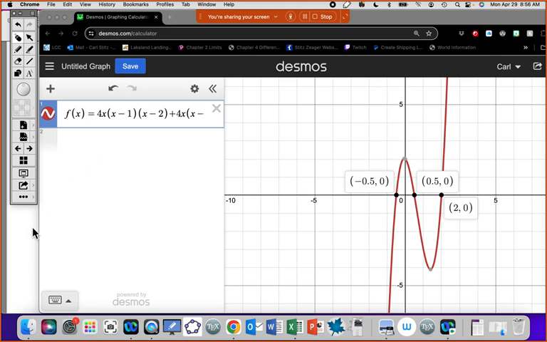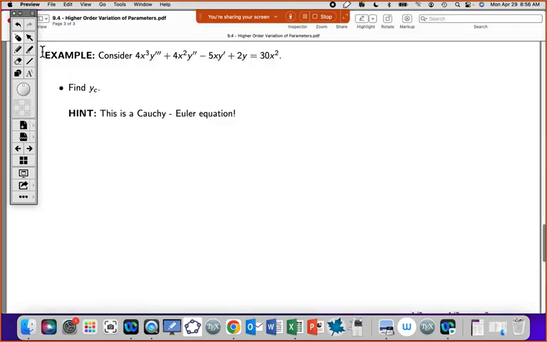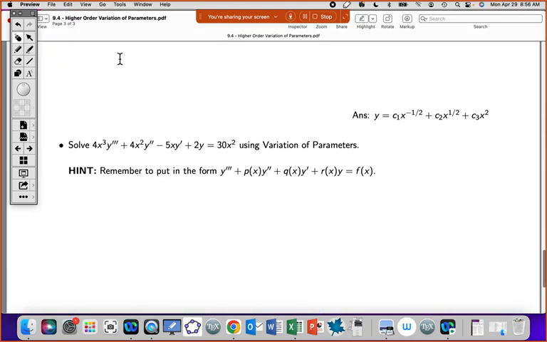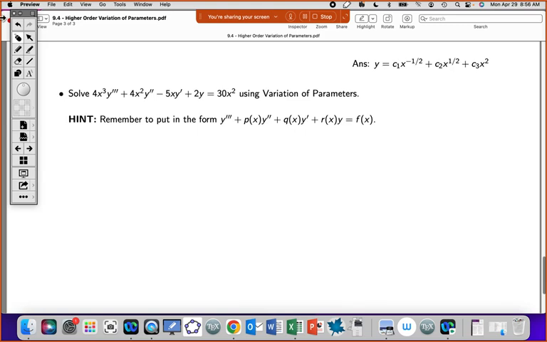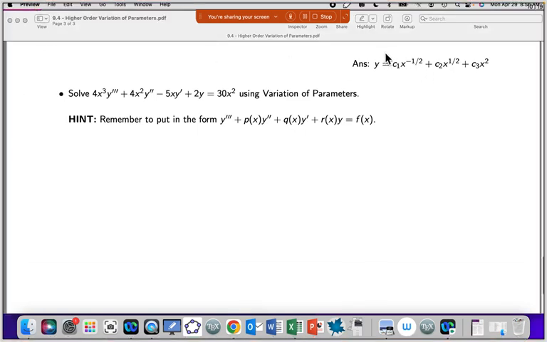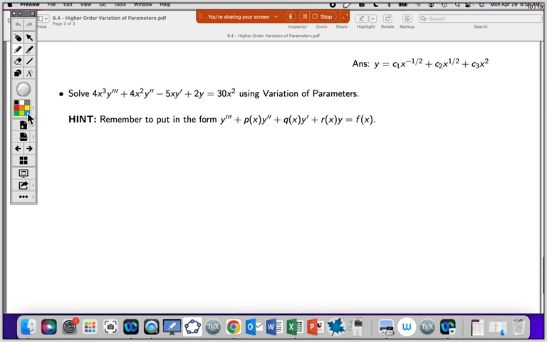So now what we would do is set up all this stuff. So we found the yc. And once again, we're going to just label who we think the y1, y2, and y3 are. So we'll call y1 x to the minus half, y2 x to the half, y3 x squared. And now we're running through variation of parameters.